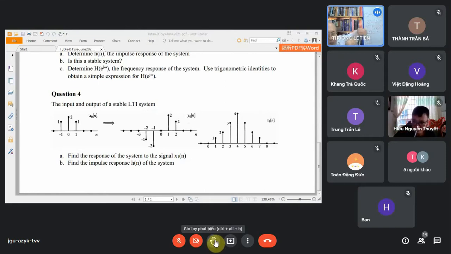Of course, you can go another way: work out the impulse response first, and when you know the impulse response, you can easily find y1n. That is still a possible solution, but when we stick to the linearity properties, we had better process it like this. Okay, you have a question?